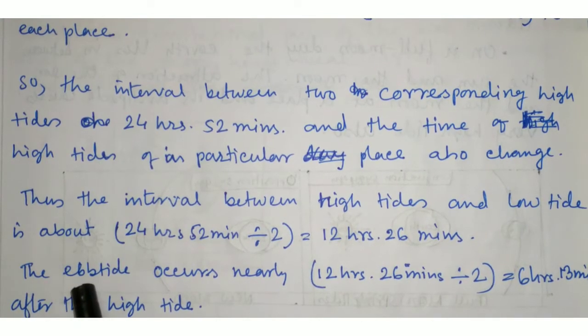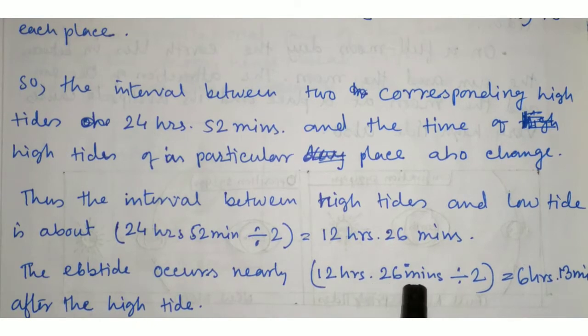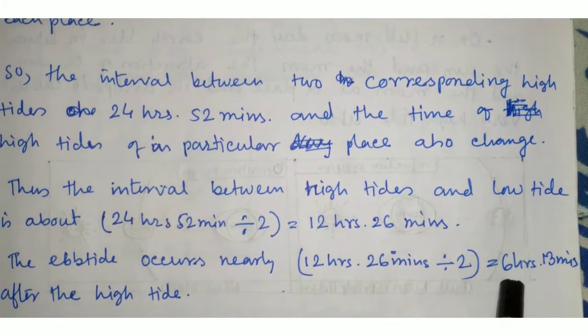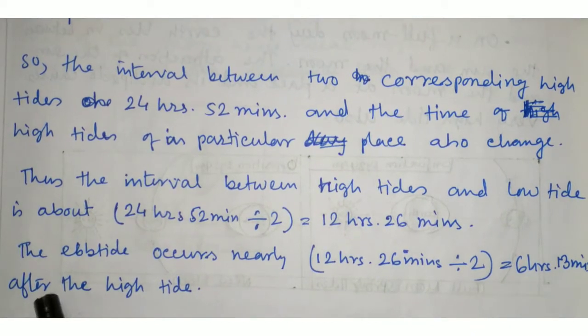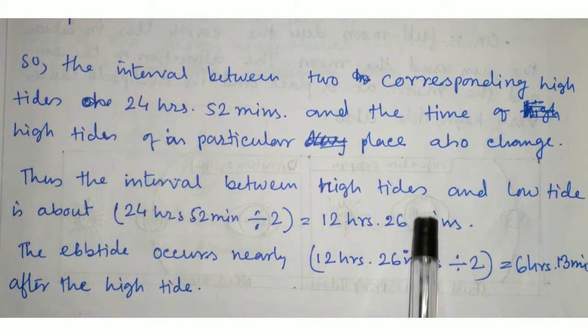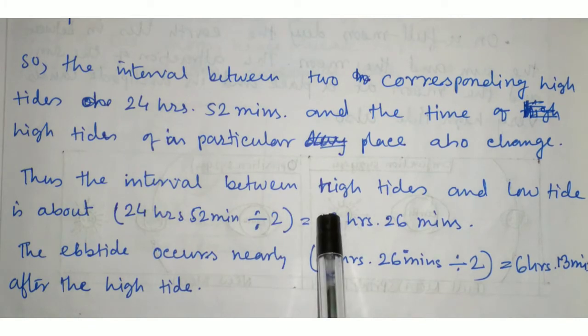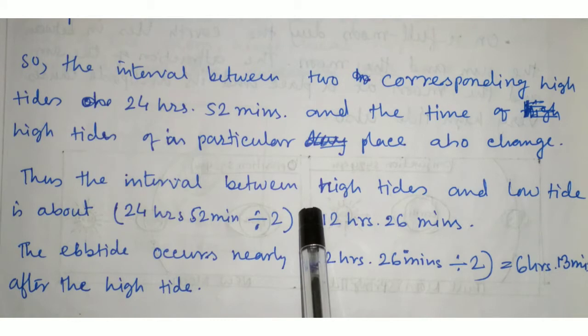The ebb tide occurs nearly 12 hours 26 minutes divided by 2, meaning 6 hours 13 minutes, after the high tide. So, in 24 hours, two high tides and two low tides occur in a place.